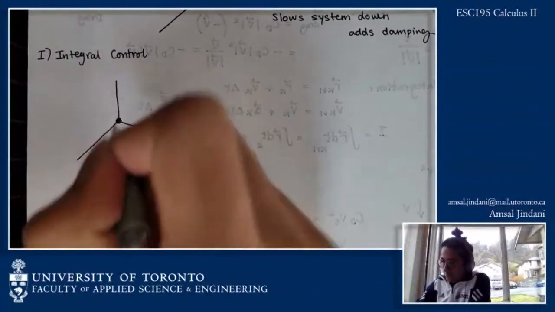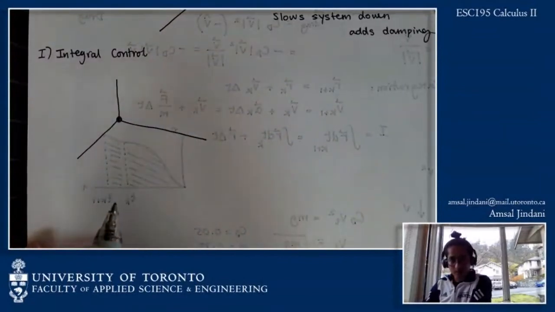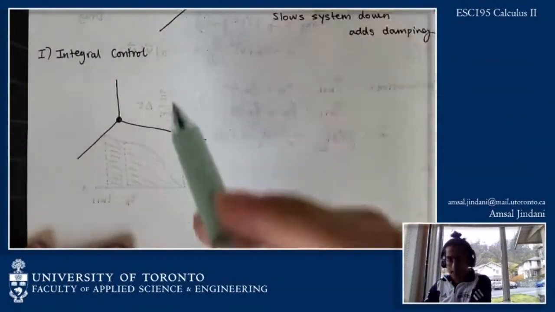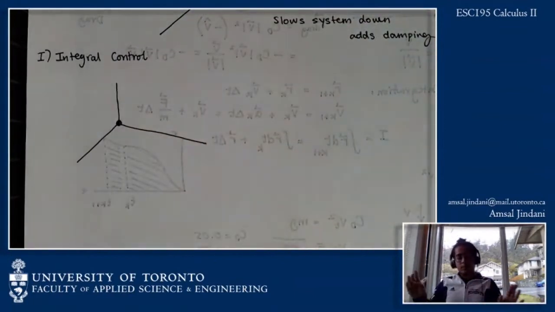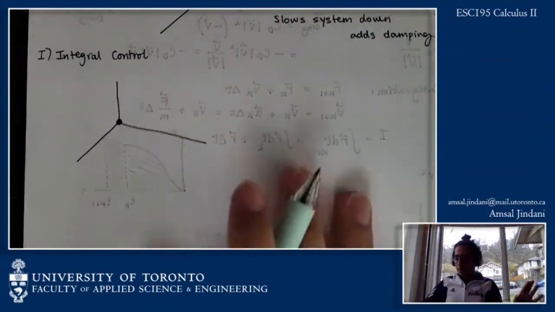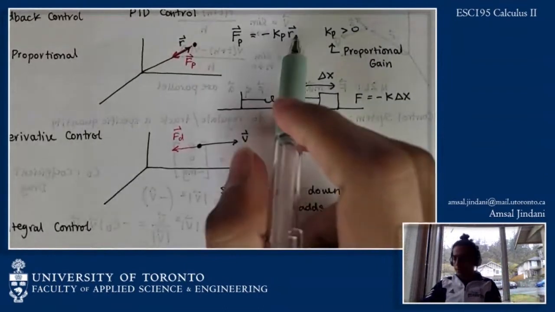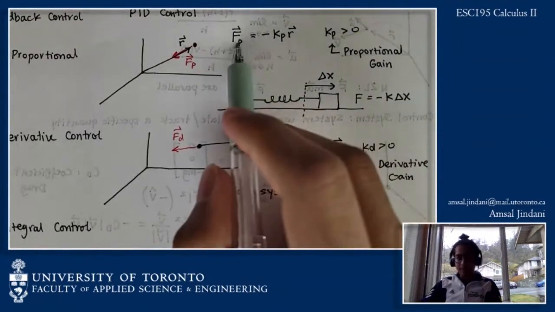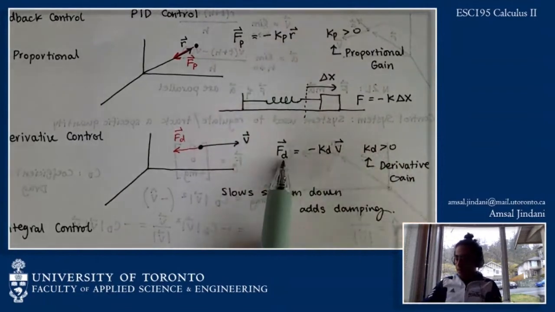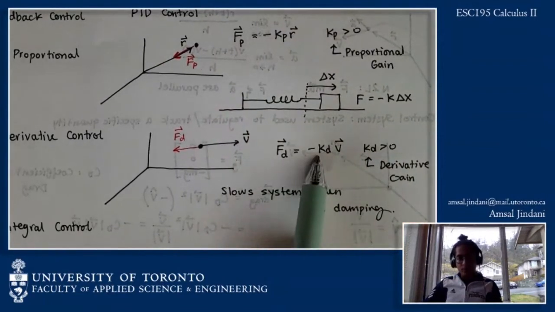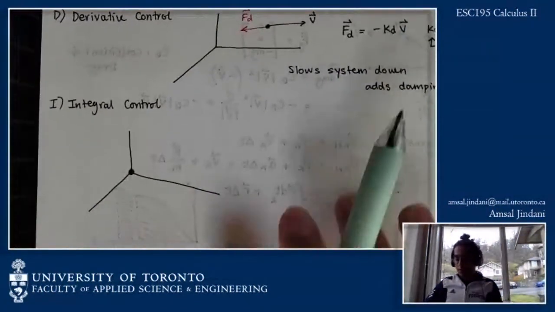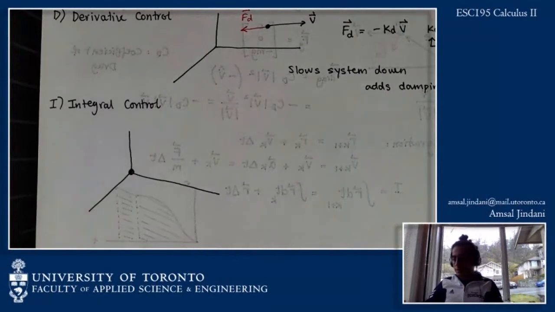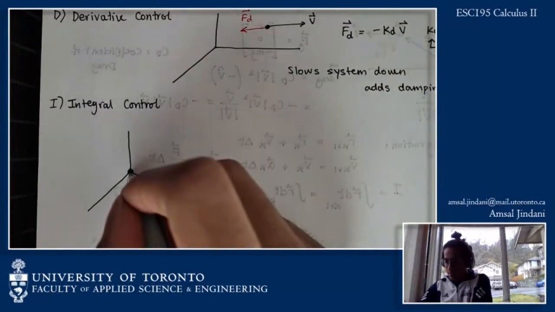If I start out the drone over here, already at the origin, with just PD control, then the proportional controller is going to go, oh, you're already at the origin, so my FP is 0, and the derivative control is going to say, you're not moving, so the actual FD force is also 0. So the control force that the system produces is 0, but there's still gravity acting on the system.